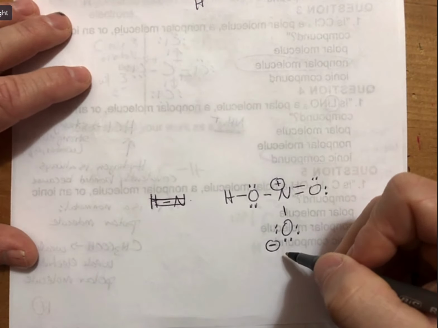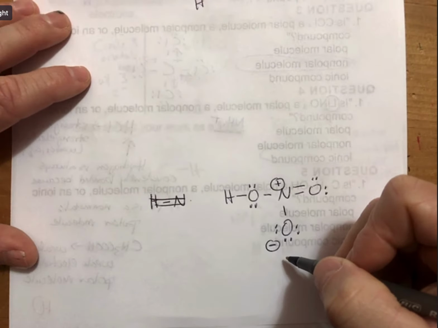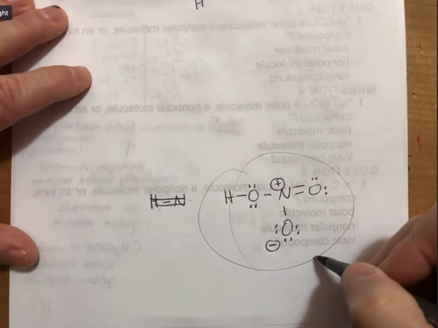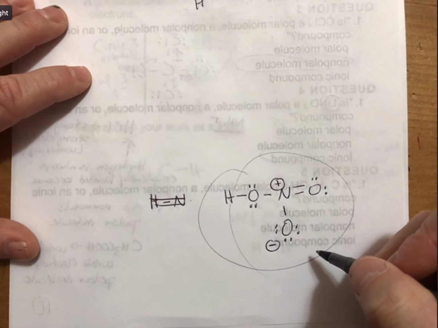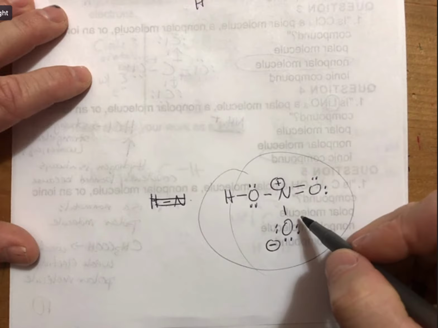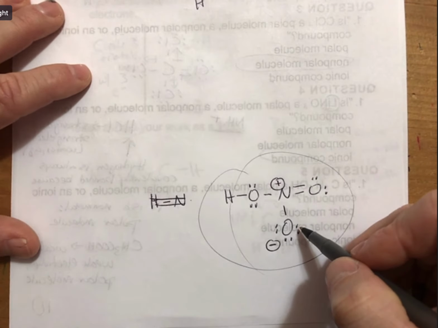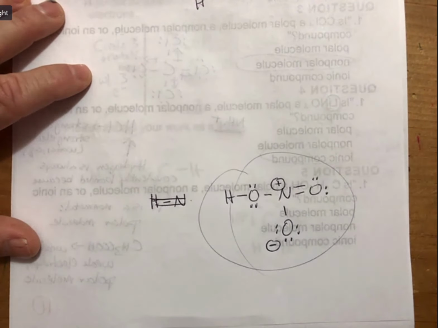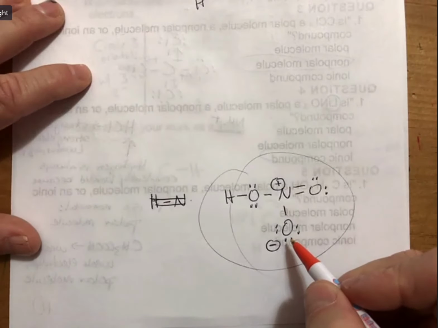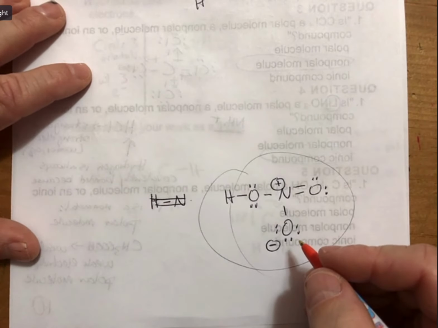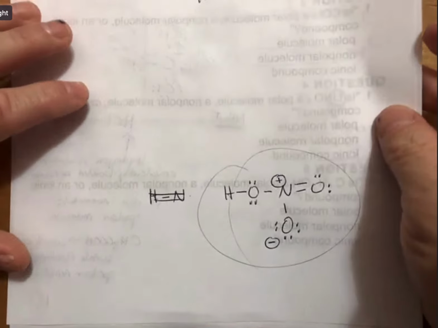These formal charges do not mean it's ionic, by the way. This has no overall charge, so this is a covalent molecule. It's not an ion.